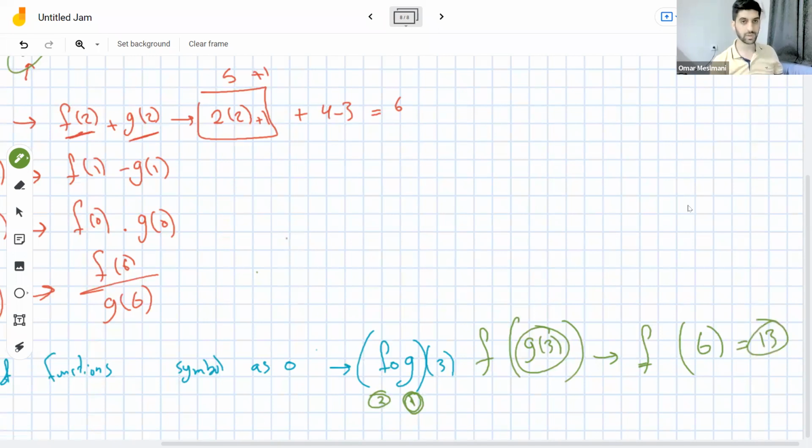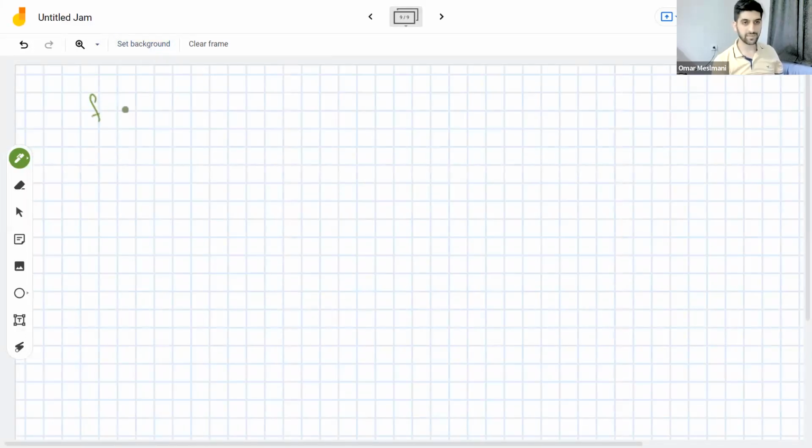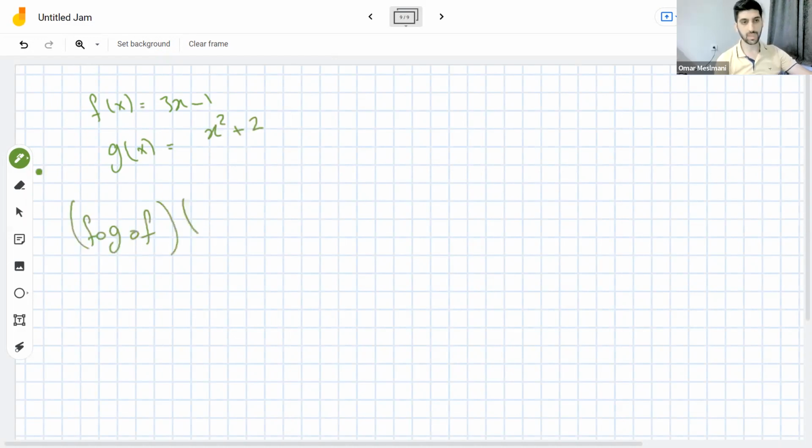I'm going to show you one more example about the composite of functions. Let's say that f of x equals 3x minus 1, and g of x equals x squared plus 2. What is the value of f o g o f to the value of 1? All right, listen.